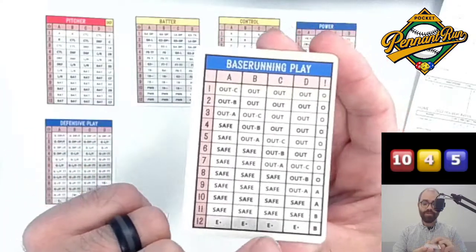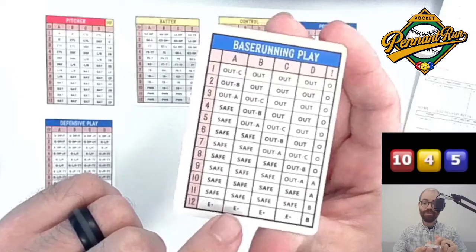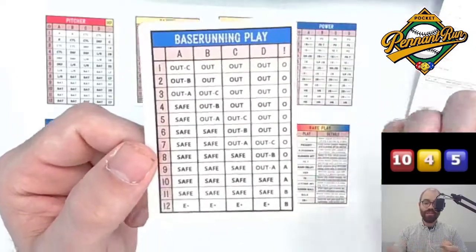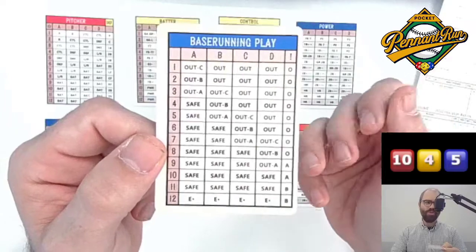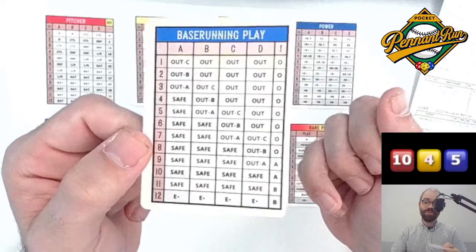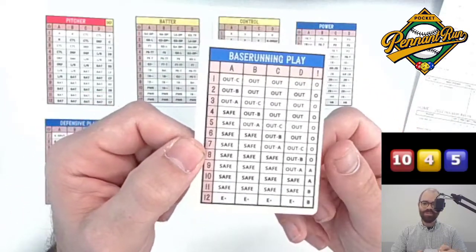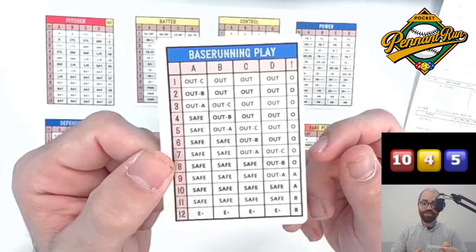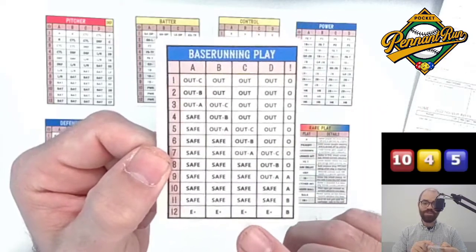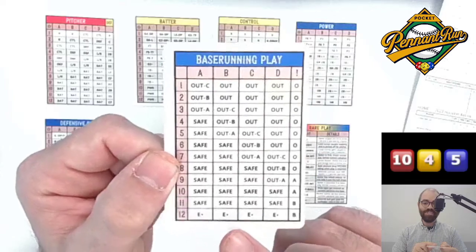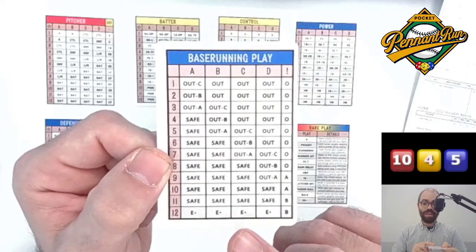You'll also notice down at the bottom we have some errors. So this takes into account if a catcher makes a poor throw and overthrows or short hops the receiver at second base, and the ball goes into center field, and the runner can advance an additional base. So in this case, the runner would not only be safe, but he would advance an additional base, and all runners would do the same.